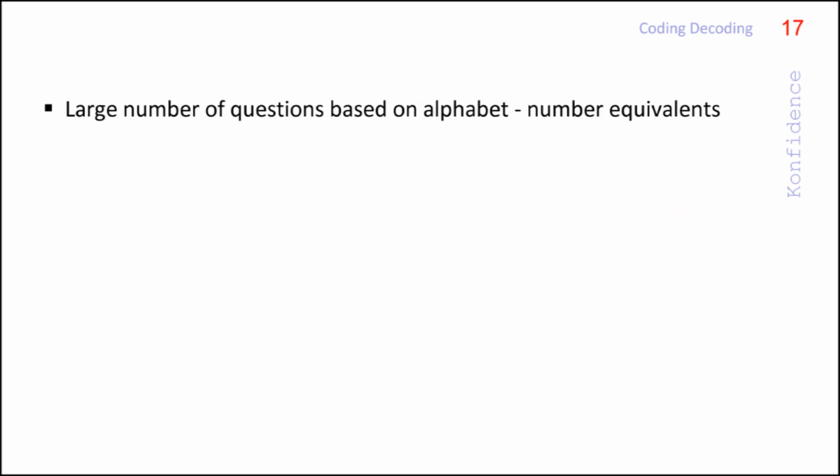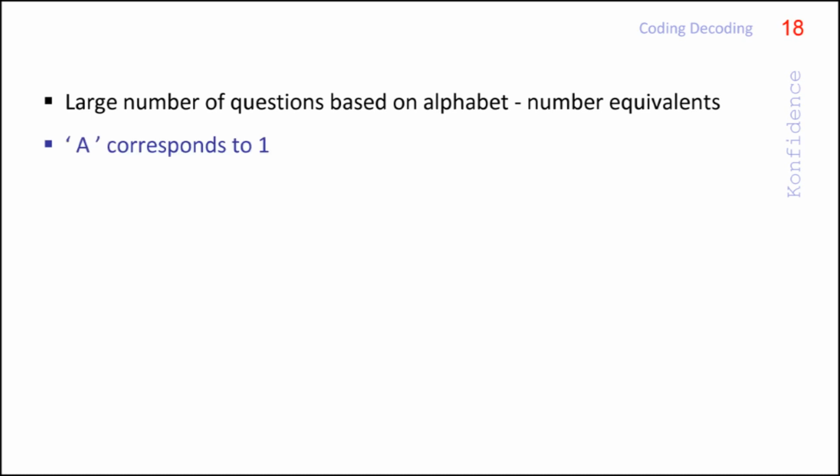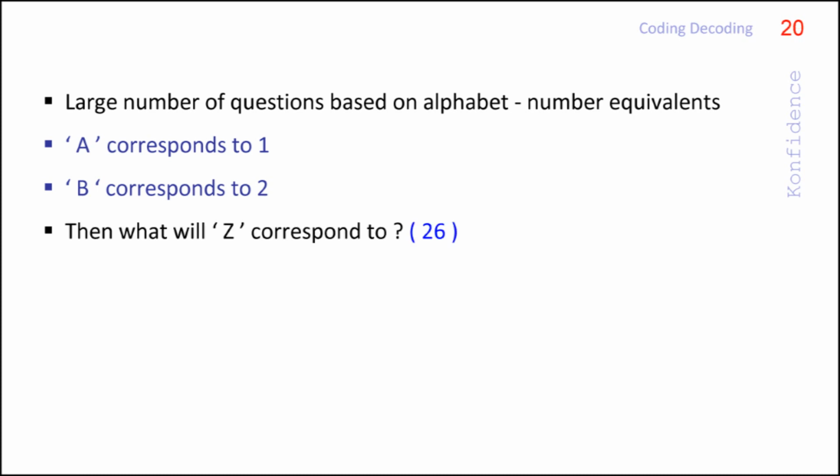In the aptitude test scenario, a large number of the coding-decoding questions come under the alphabetical number logic. It means that the alphabets are given numbers according to their standing in the order. So A will be 1, B will be 2, etc. Z will be 26.